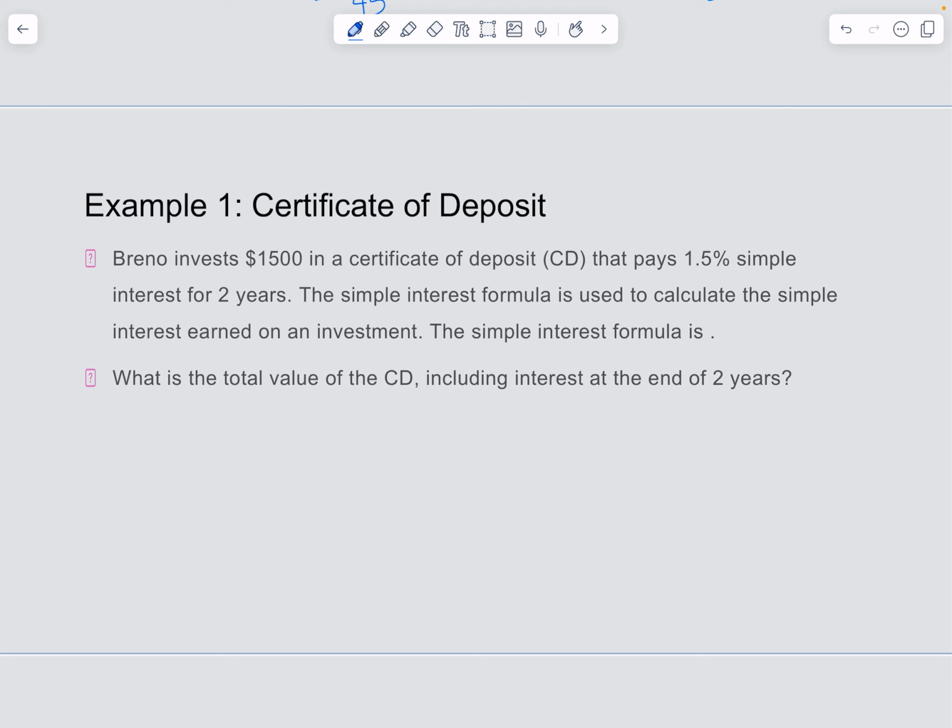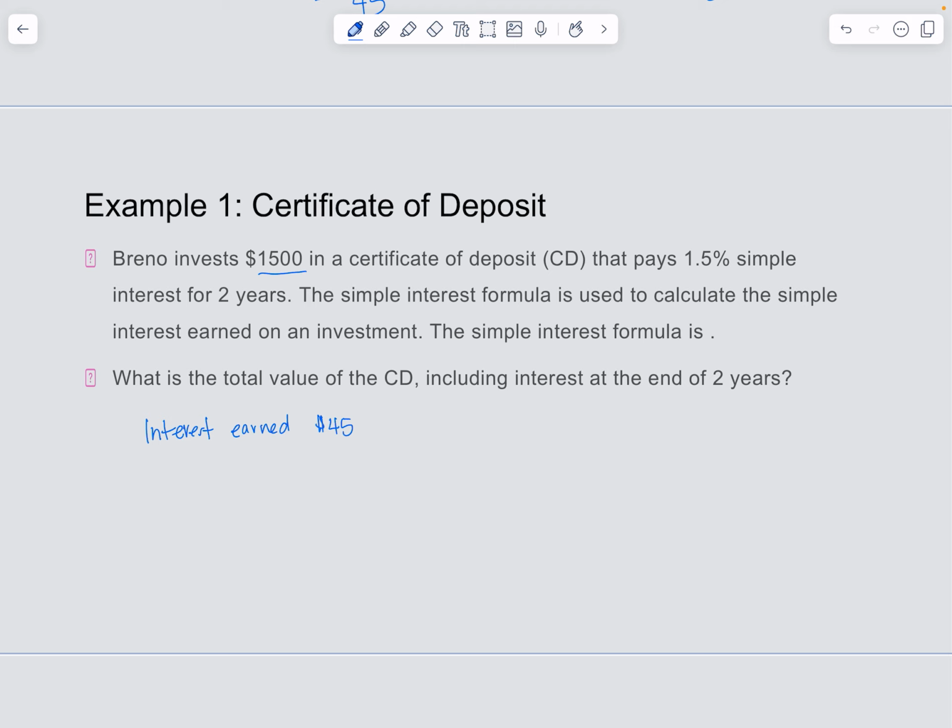Now, dealing with this same situation, what's the total value, including the interest, that he will have after those 2 years? Well, since we calculated that his interest earned was $45, is that how much he'll have after 2 years total? No, it's not, because we still have to account for the money that he has in there already. He already put in $1,500.